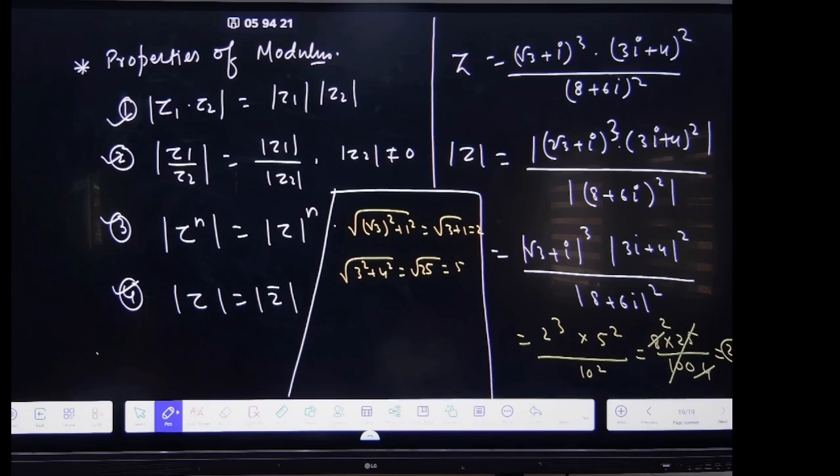Which denominator also, if root then? The denominator is a root. Where? Tell me, what is the question?